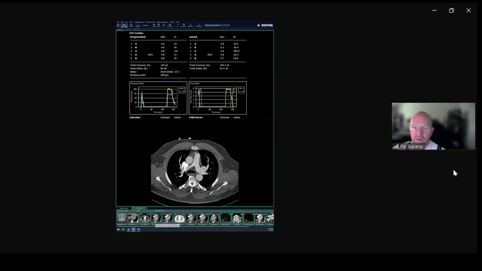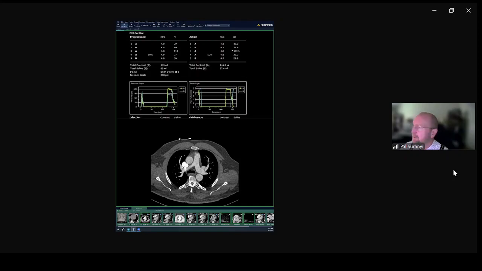This was a long time ago, in 2012. This might be at a time when we still used a test bolus. So this 20 cc injection must have been a test bolus.